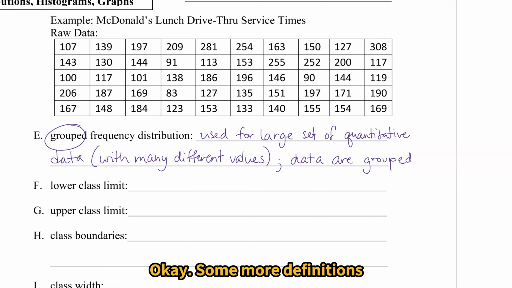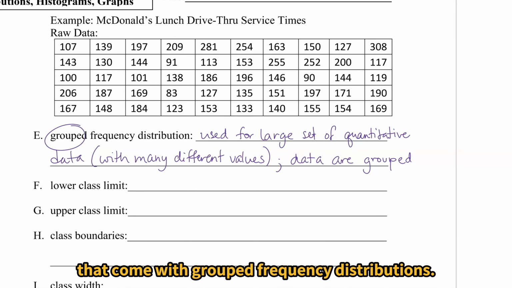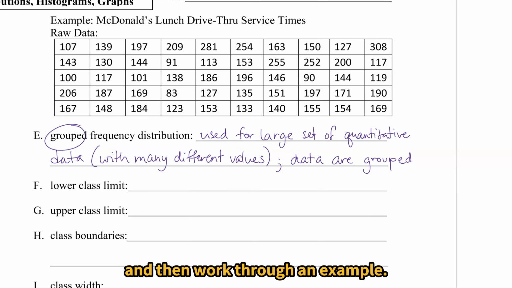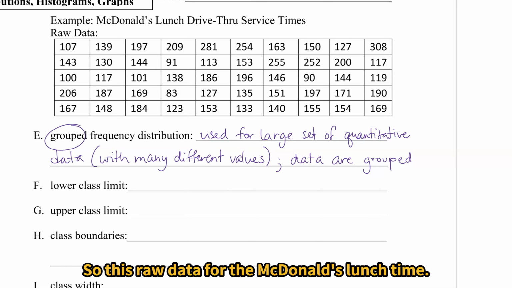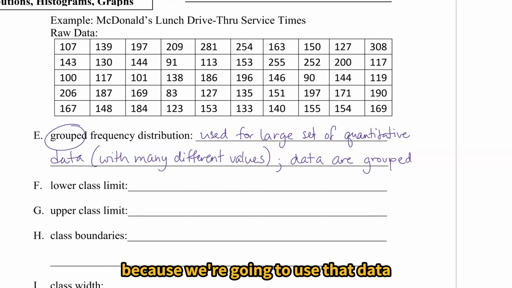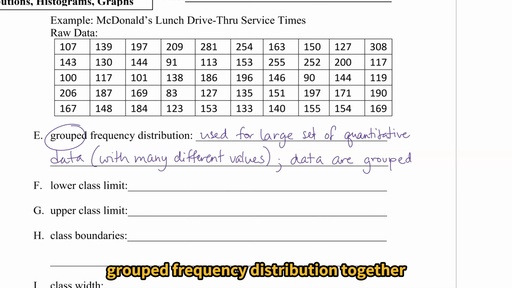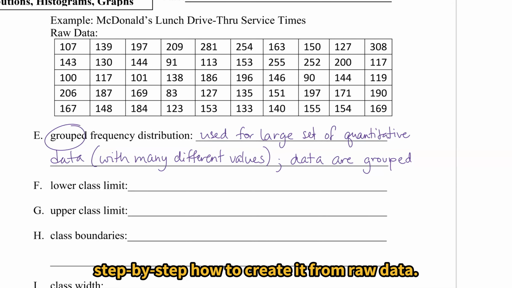Okay, some more definitions that come with grouped frequency distributions. I'm going to write down the definitions and then work through an example. So this raw data for the McDonald's lunchtime is up here because we're going to use that data to actually create this grouped frequency distribution together, so I can show you step by step how to create it from raw data.